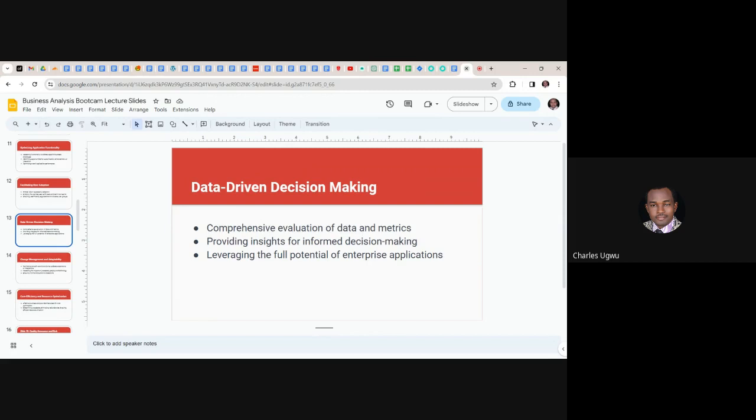So this is where you can use business analysis in some of these enterprise applications in terms of data-driven decision-making. It helps in a comprehensive evaluation of data metrics, providing insight for informed decision-making, leveraging the full potential of enterprise applications.